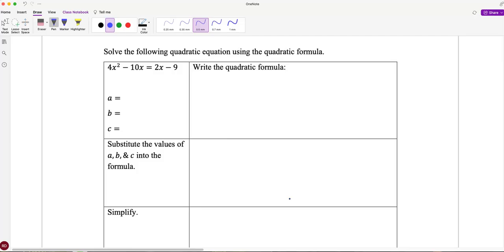If I look at this one, this is 4x squared minus 12x minus 9 equals 0. So A is 4, B is negative 12, C is negative 9. So quadratic formula.